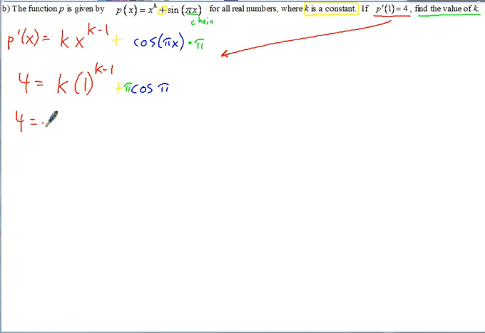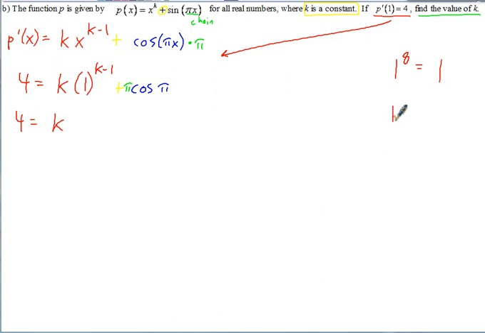One part that's a little bit tricky about this is this first term. Because we don't know the exponent, the question is what is 1 to the k minus 1 power? But 1 has a special property as a base. Notice if we raise 1 to the 8th power, it's just 1.